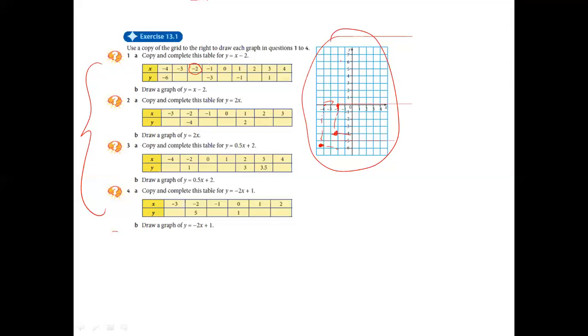When you put 0 in place of x, you will get minus 2, which is here. And when you put 2 in place of x, you will get 0, because 2 minus 2 is 0. Where is our 2? It's here.